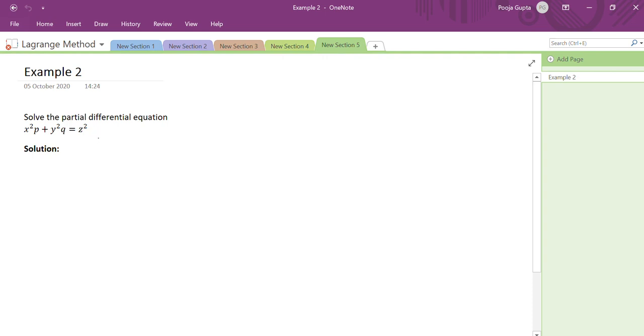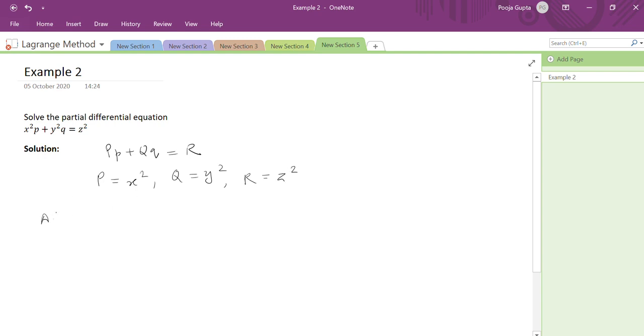So first we compare with the standard equation, P p plus Q q is equal to R. After comparison we can see capital P is x square, capital Q is y square, and capital R is z square.